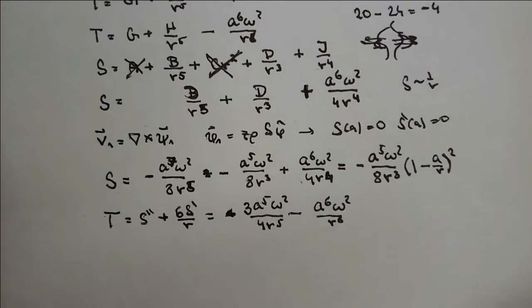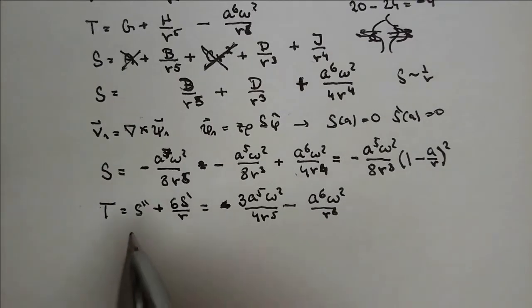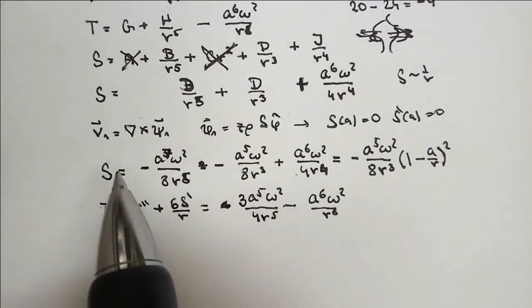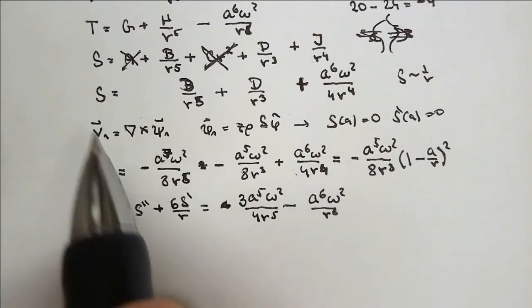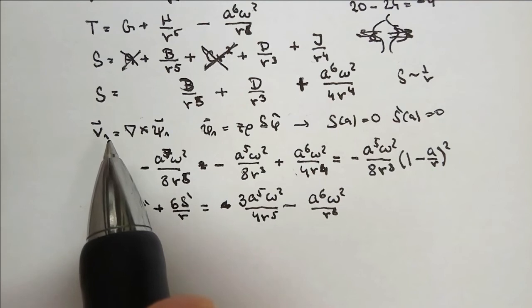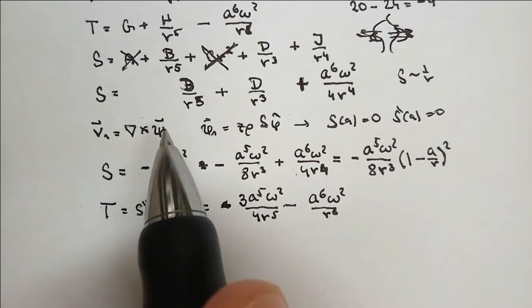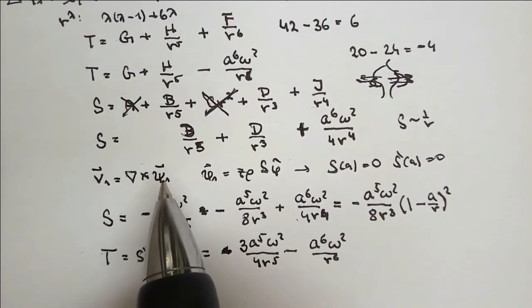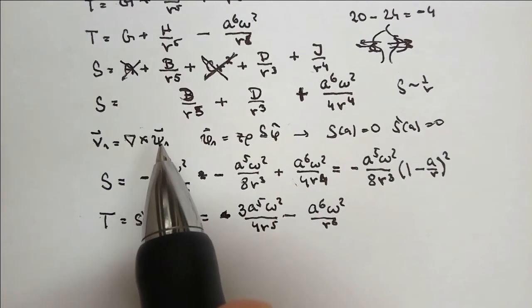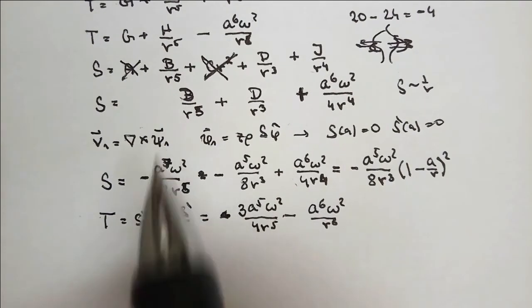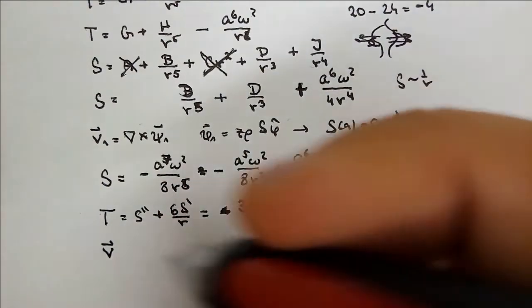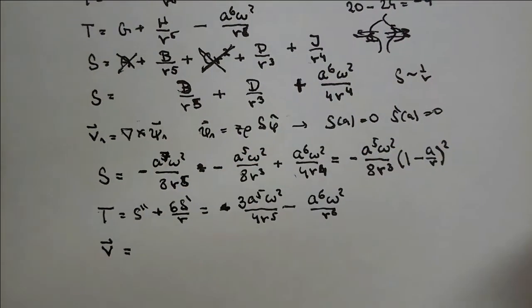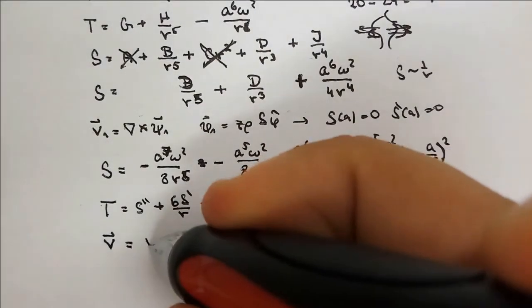And now we have the complete solution. We had it right here already for the velocity. You have to just take the curl of this, and as you know, psi1 is defined as the complete solution for the velocity field, which is then the velocity at 0.